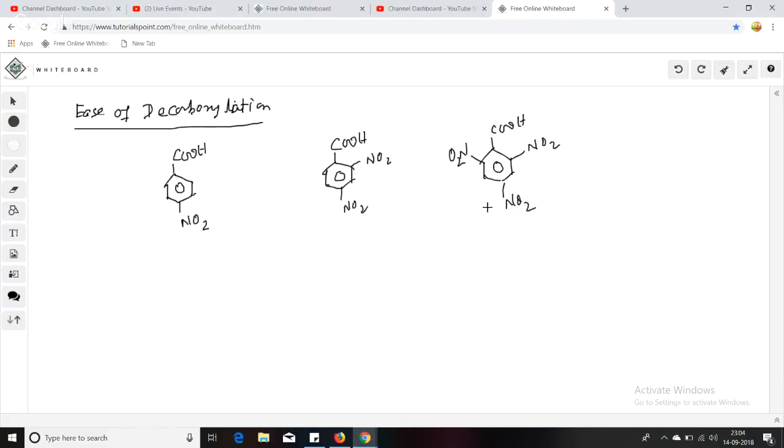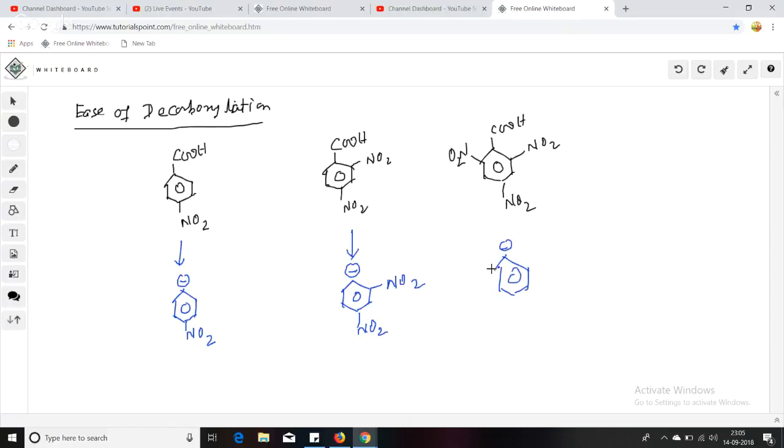For the decarboxylation reaction, like I told you, you just form the anion of it. So when you form the anion of this, you will get the benzene ring with negative charge here and NO2 here. Simply you remove that COOH and put a negative charge there. That will be the anion.